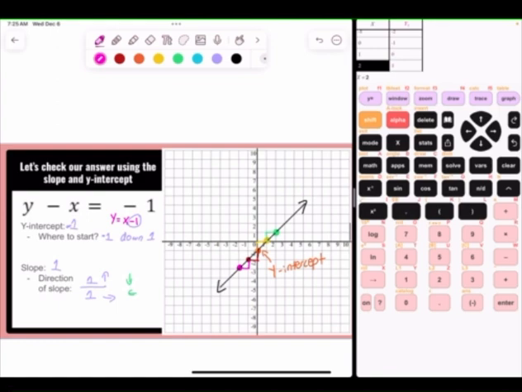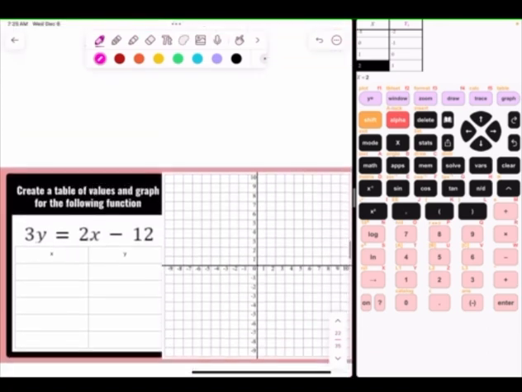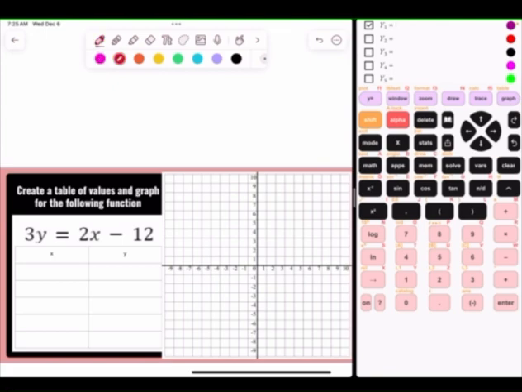All right, let's look at this next question. Create a table of values and graph the following function. This function is not in y equals mx plus b form, so we have to get it in the correct form. Here, I do see that the only thing on the left side is 3y, but I needed it to only say y, so let's get rid of the 3.